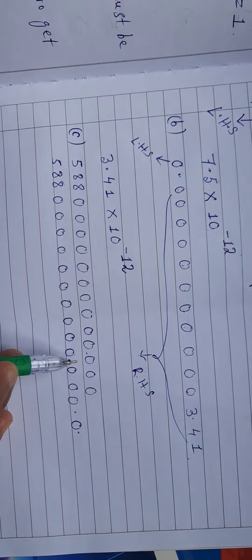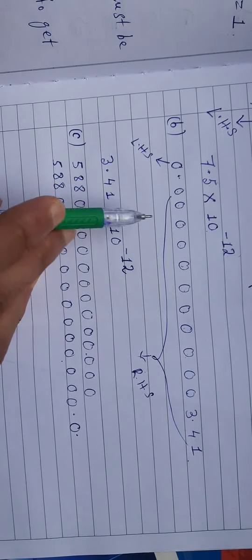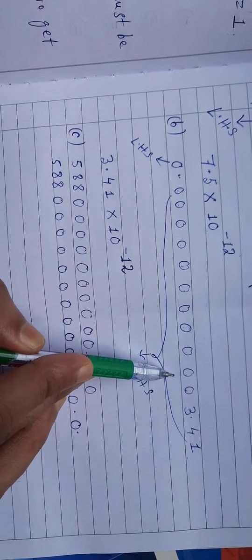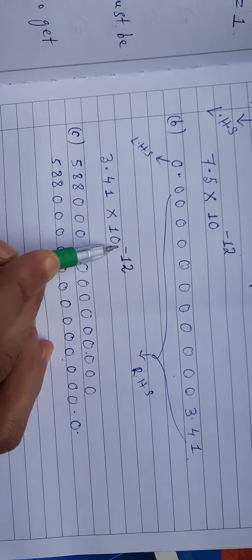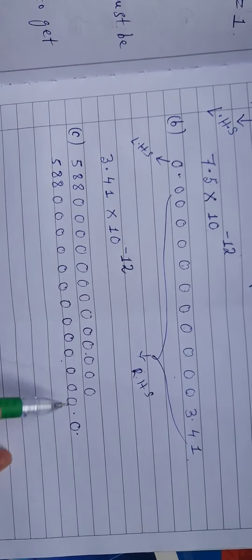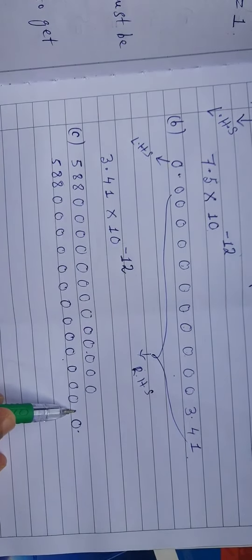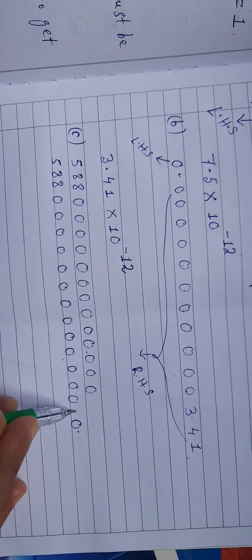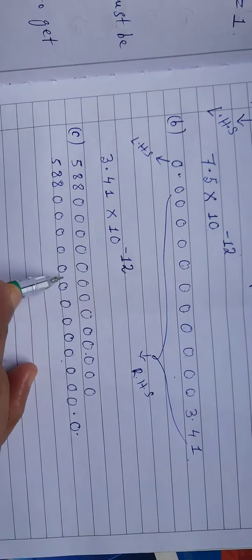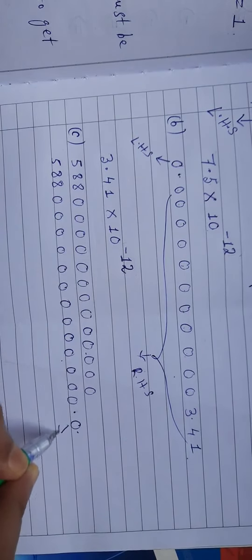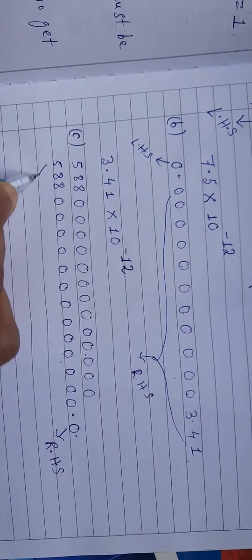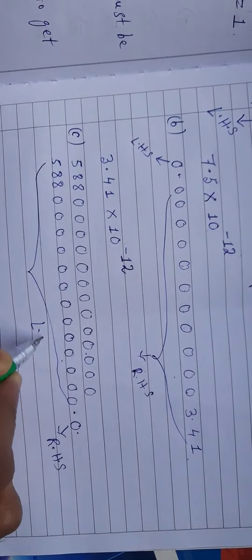Now in earlier cases we have seen that when the decimal point is shifted to the right hand side, our exponent becomes negative. In this case, since the decimal point is here and I have to convert this into standard form, the decimal point will be shifted to the left hand side. This part is the right hand side of the decimal point, and this part is the left hand side.